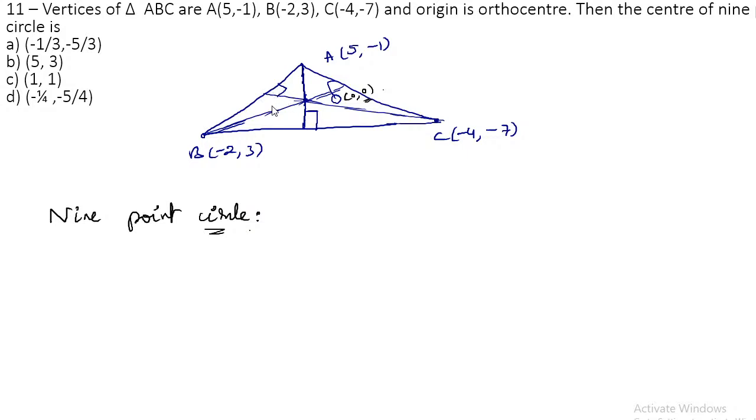The 9-point circle is a circle on which, point 1, all the midpoints of the triangle's sides lie on the circle.